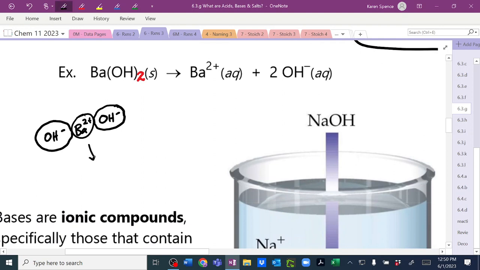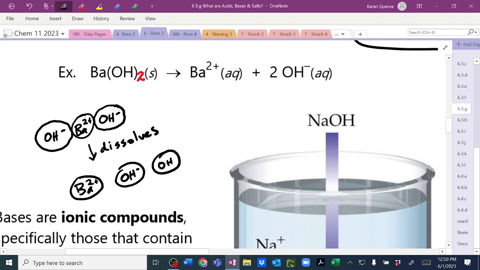And when it dissolves, you get 1 barium ion, and you get 2 separate OH ions.